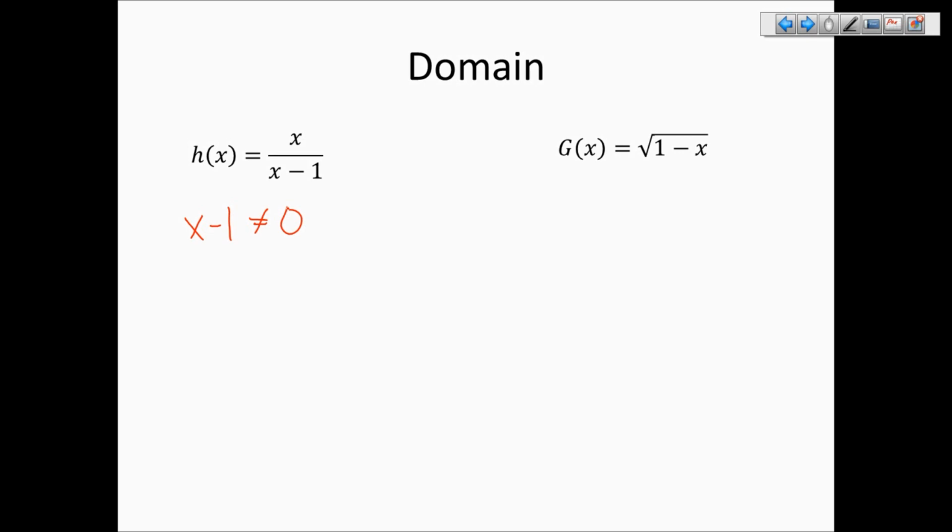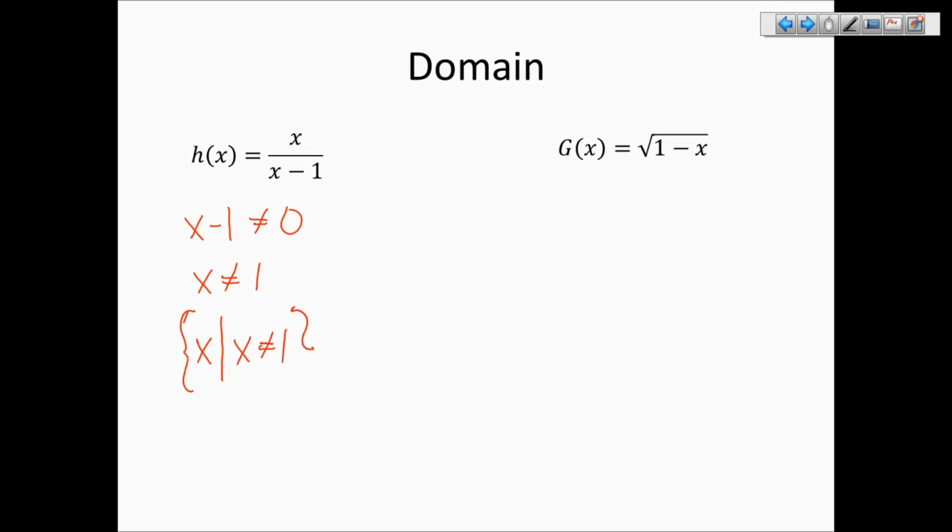If I solve this, this will put a limitation on my domain. So x cannot equal 1. Now my domain is a set of numbers, so I'm going to put it in set builder notation. That's where we take these squiggly brackets, and that's read as the set of x such that, and now I'm just going to write the statement that I just found: x cannot equal 1.